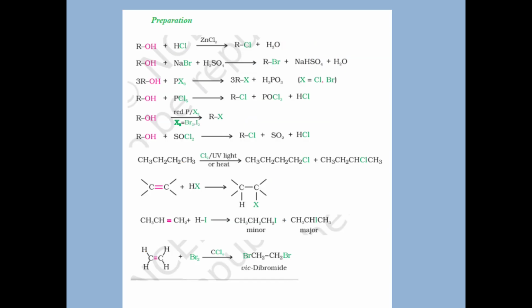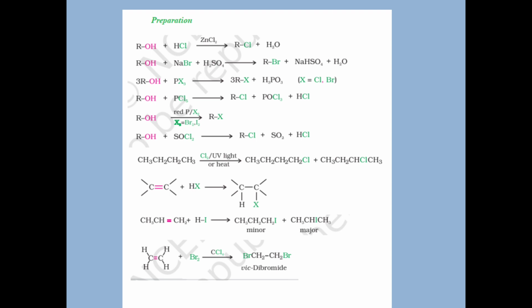Preparation of halogen compounds. The aliphatic halogen compounds can be prepared from alcohols with reagents such as HCl with ZnCl2, NaBr with H2SO4, PX3, PCl5, red phosphorus with X2, where X2 is Br2 or I2, and ROH with SOCl2 gives RCl. Like that we can prepare the halogen compounds from alcohol.